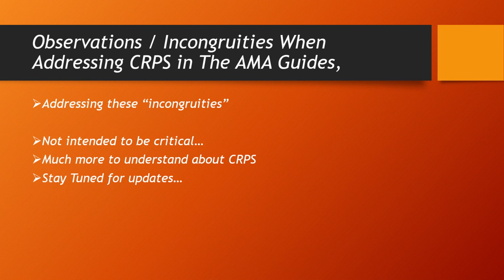But we as examiners will have a better understanding of how to diagnose CRPS the more we learn of how to recognize the condition in these individuals. So stay tuned on that, as we will try to provide you with updates as things change and move forward, and the Guides possibly become a little more understanding as to how we move forward with this.